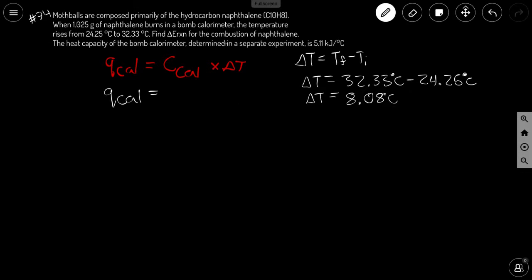And then it's given that the heat capacity of the bomb calorimeter determined in a separate experiment is 5.11 kilojoules per degree Celsius. So I'm just going to plug it in.